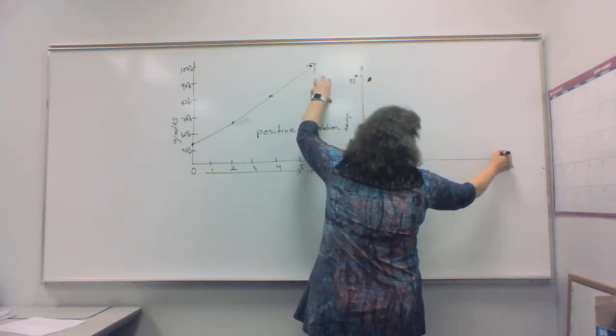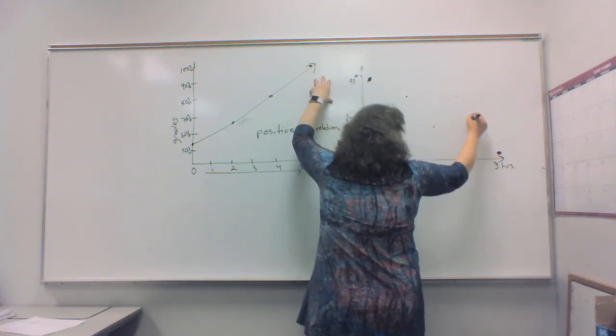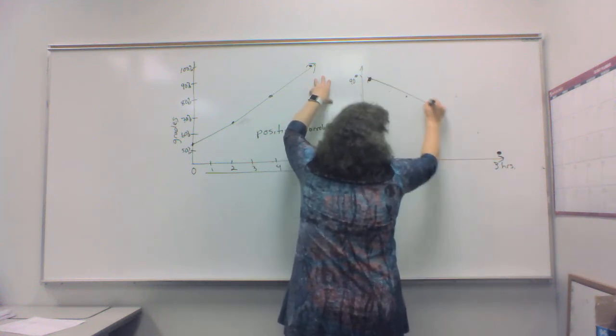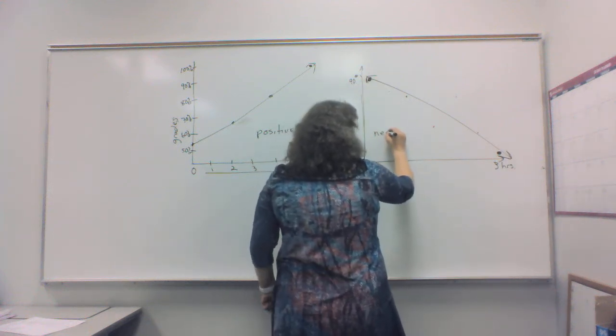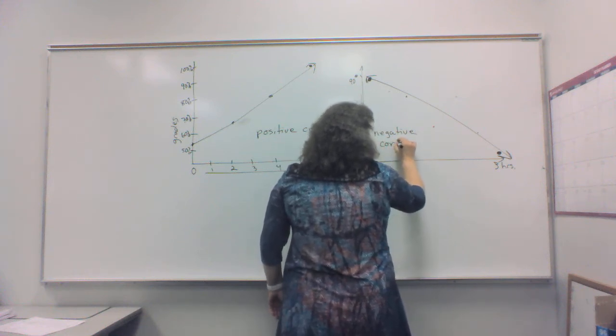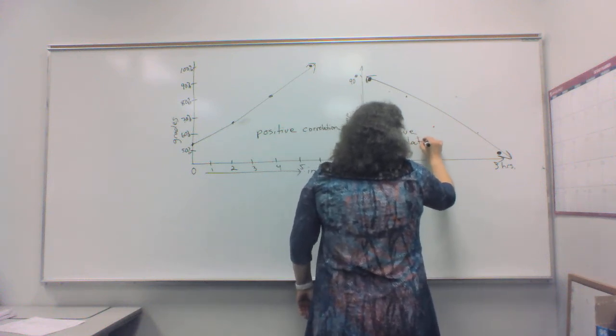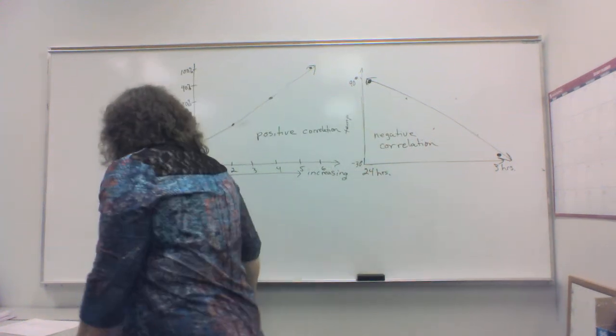At 3 hours, I'm down here at negative temperatures, and there will be anywhere in between. So we end up with a negative correlation. So you see, the way you can change your correlation direction is to change the direction of your numbers, okay?